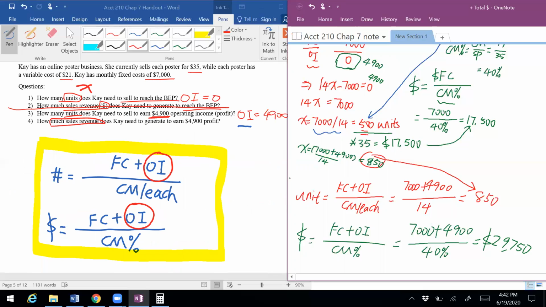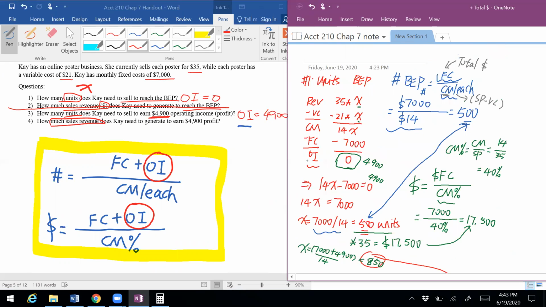Okay, so I'll summarize one more time. In this video, we talk about the break-even point and how we do the numbers, with three different methods. First, you can use the traditional income statement. Whatever it asks you, set it as X. Second, if we use the shortcut, what's the formula? And if it asks about the dollar amount, what's the formula?